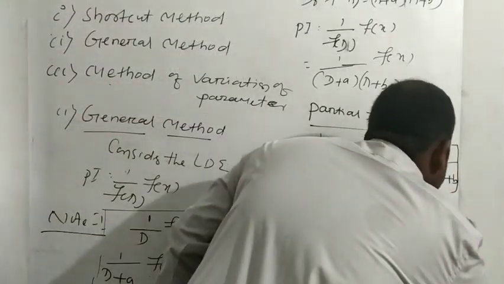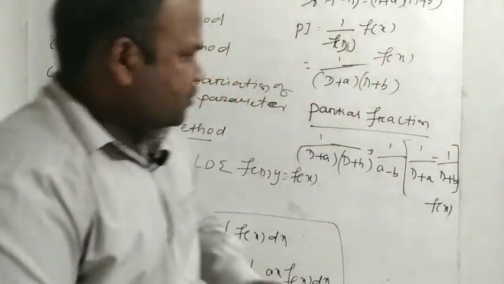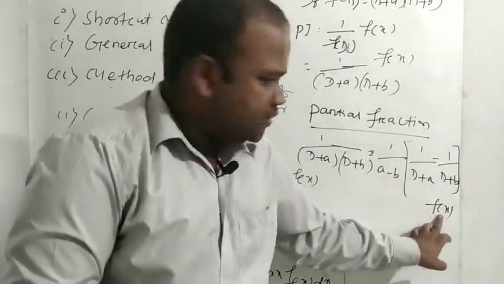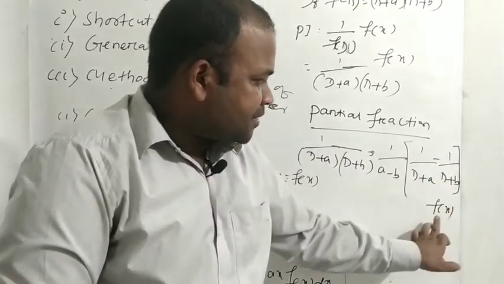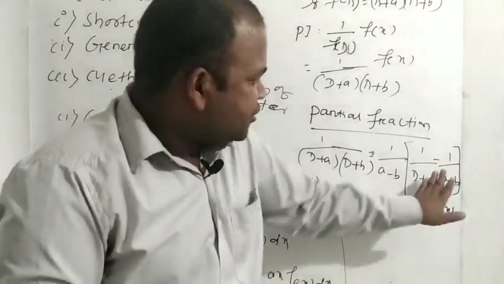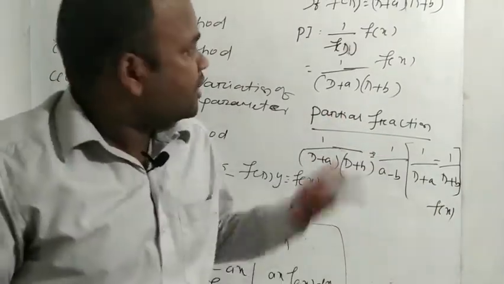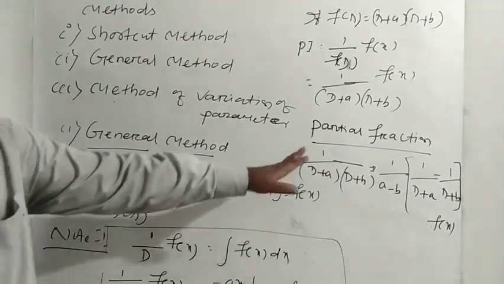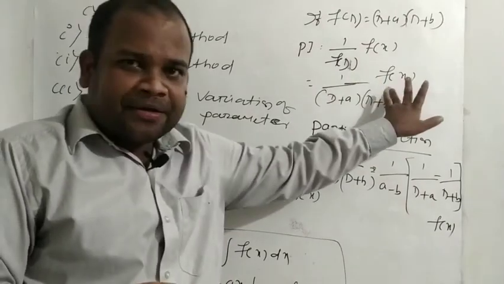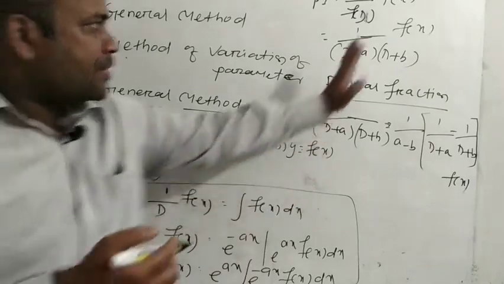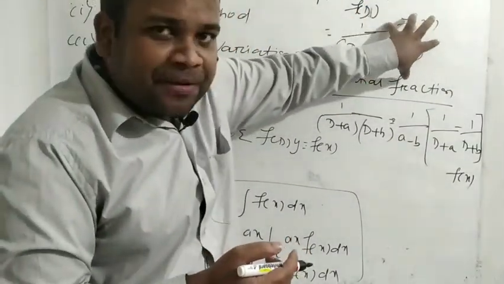Thereafter you will use f(x). So this is 1/(a - b) times 1/(D + a) f(x), minus 1/(D + b) f(x). In this way, by using partial fractions you can solve it, or you can directly use the formula for 1/(D + b) f(x). After that solution, again apply 1/(D + a) f(x).